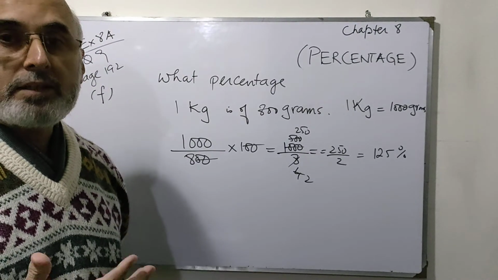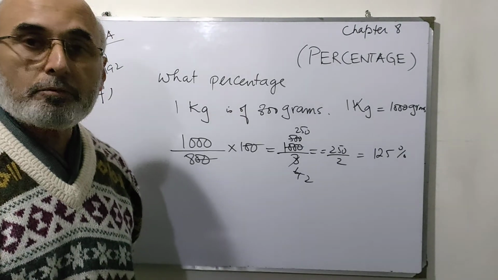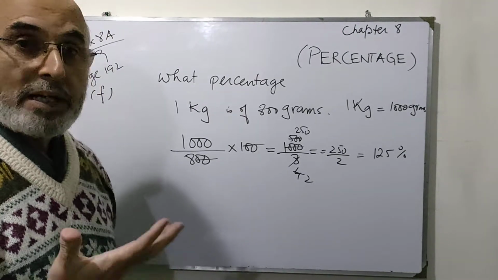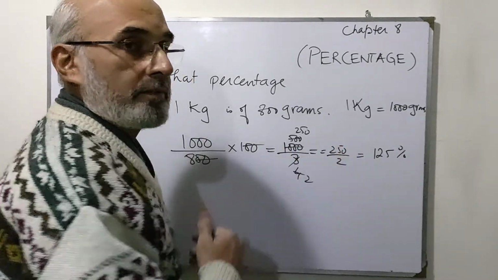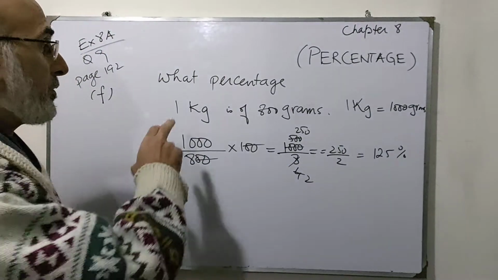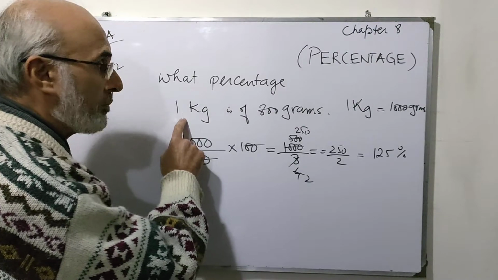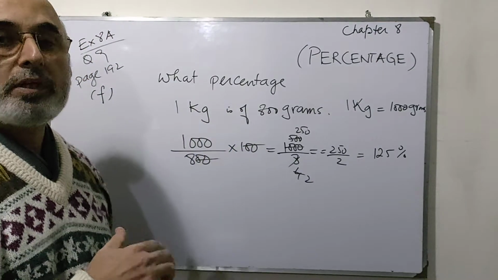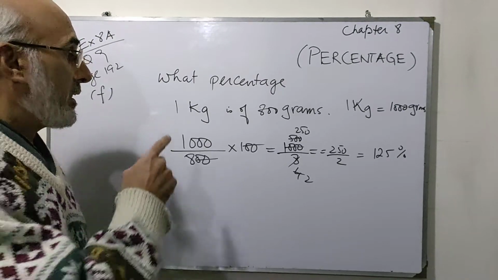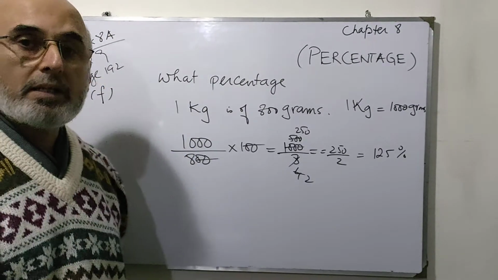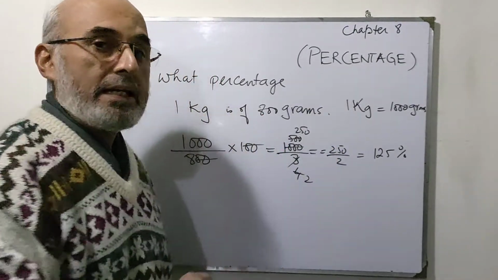Since we know that the kg is bigger than 800 grams, it is very clear. It's saying that 1 kg is 125% of 800 grams, and it's showing that it is bigger. It's not smaller, it's bigger because it is more than 100. If it was 800 grams, 800 out of 800 would have been the same value, that was 100%. But since it is 1 kg, it is more than 800, so that is why it is 125% of 800 grams.